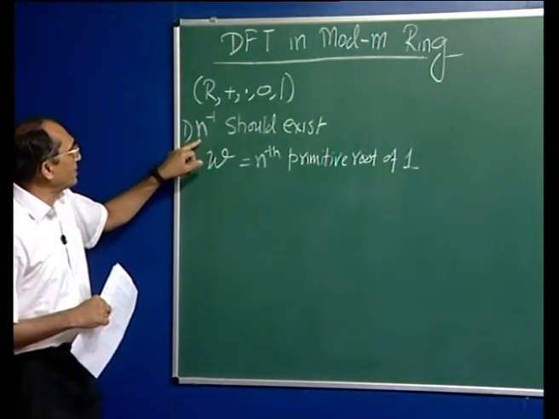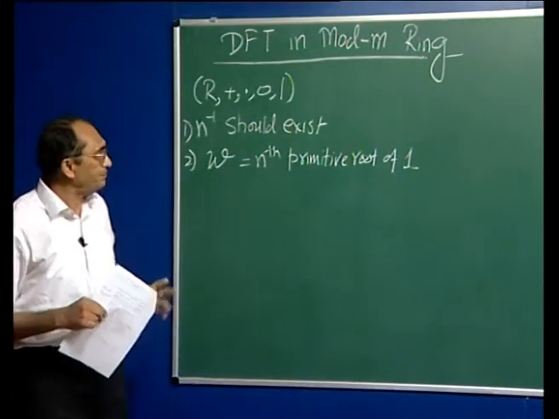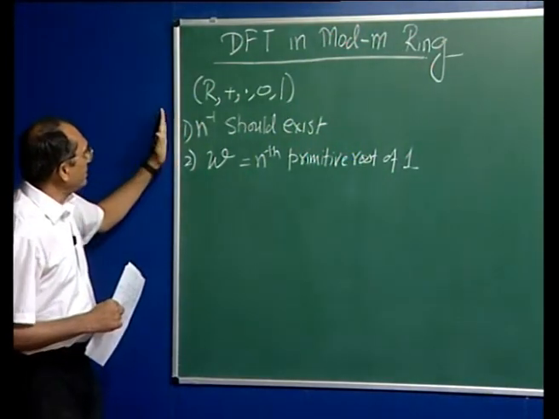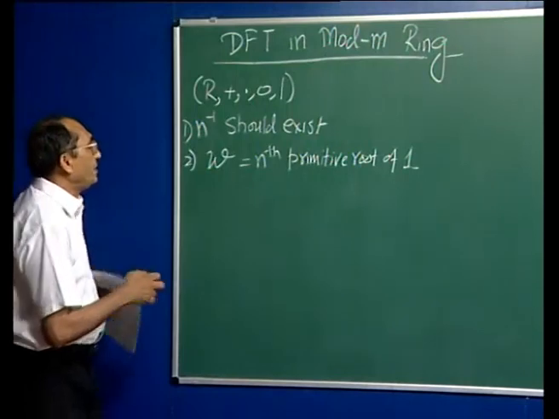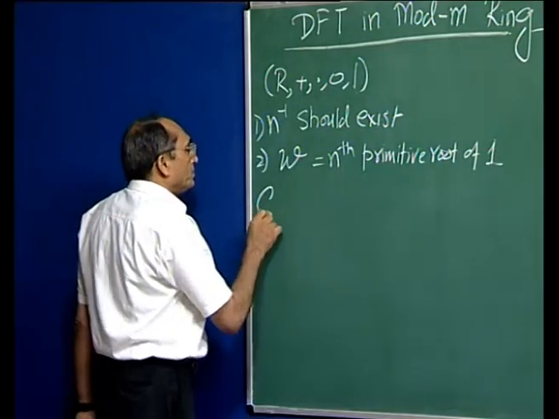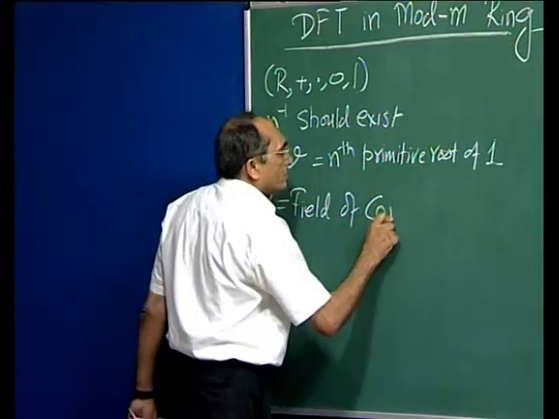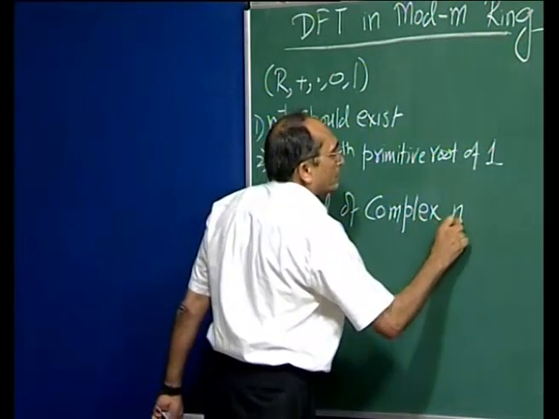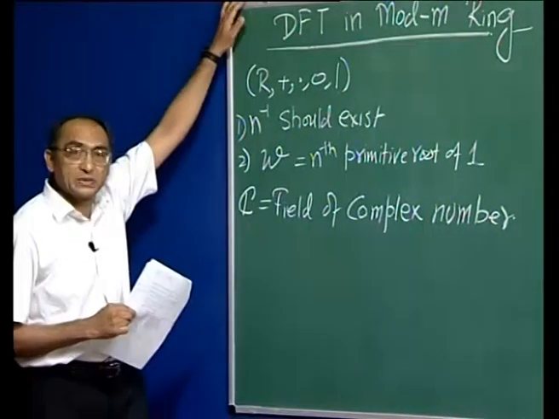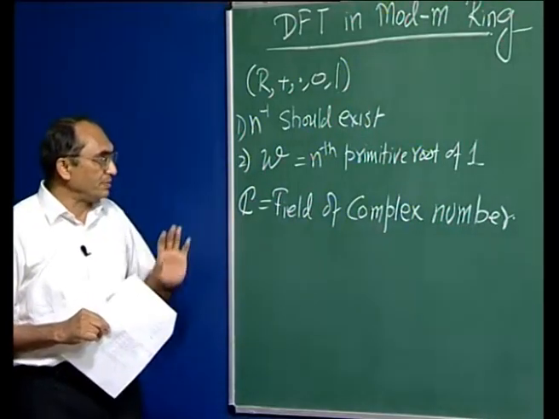In addition to that, we had assumed that n is a power of 2 in order to apply the FFT algorithm. And in the last lecture I had mentioned that these things are there in the field of complex numbers. So we can actually go ahead and compute the discrete Fourier transforms of vectors where the components are complex numbers.